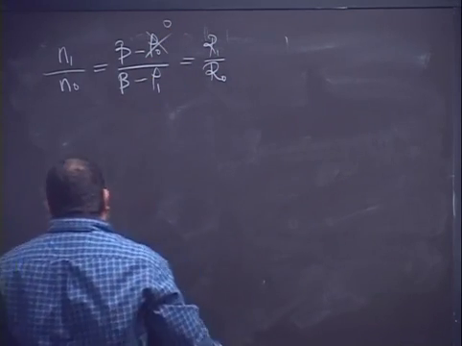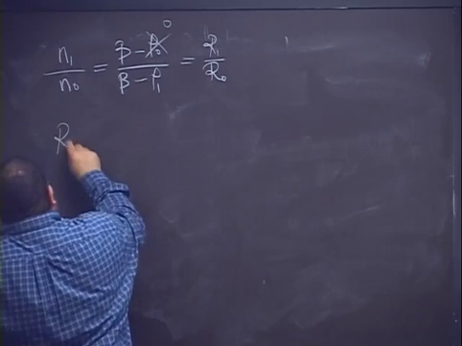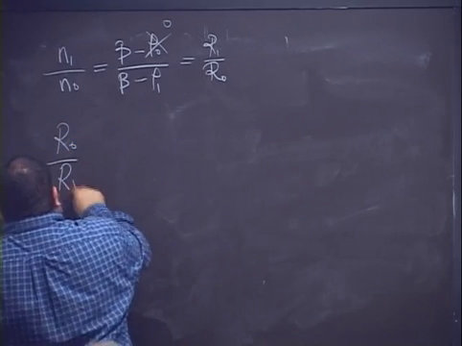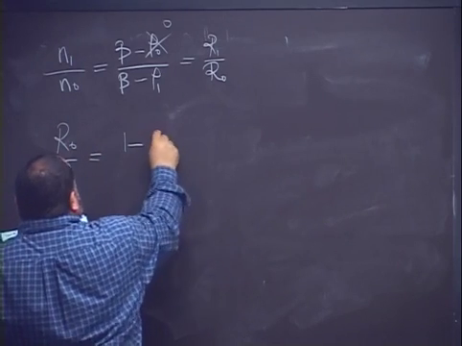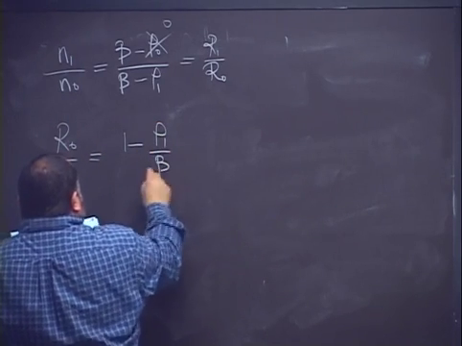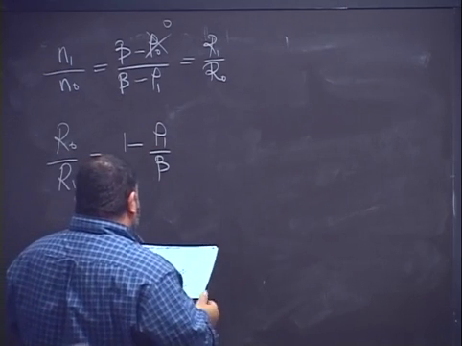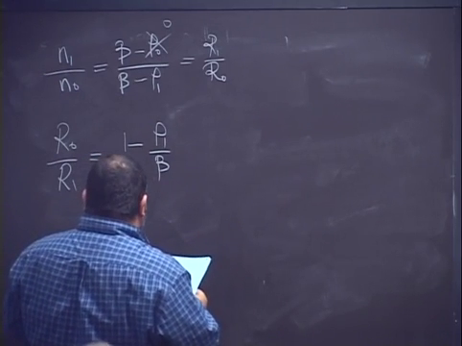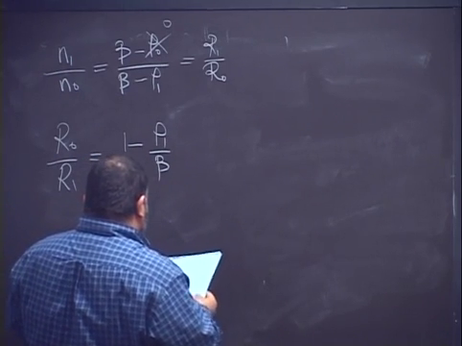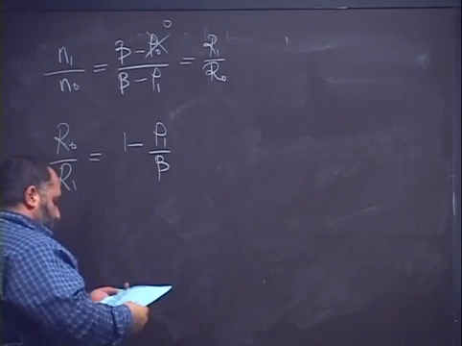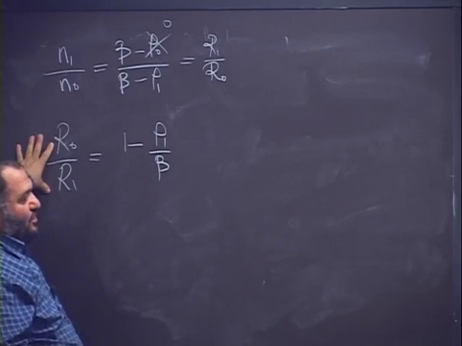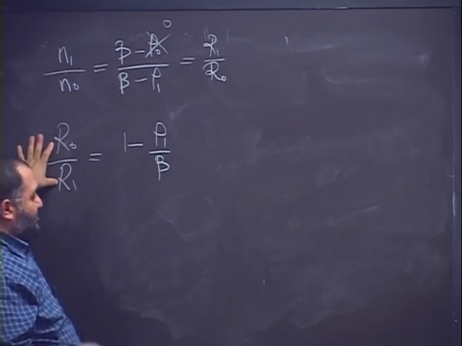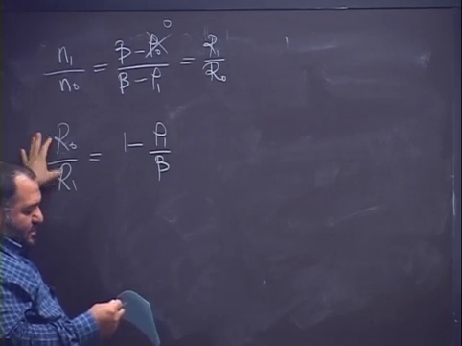So from here, you can deduce that R naught over R1 equals 1 minus rho 1 over beta. So this is the detector response just before the drop of the rod, and this is the detector response just after the drop of the rod.